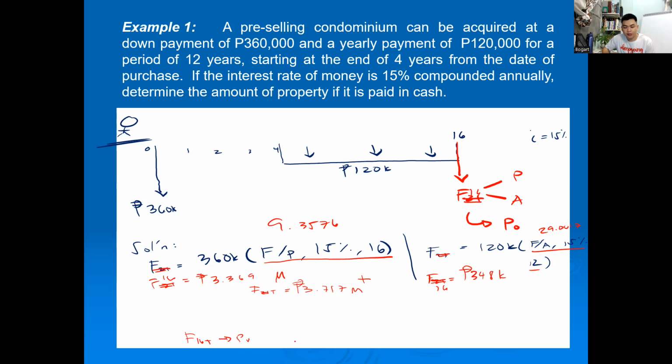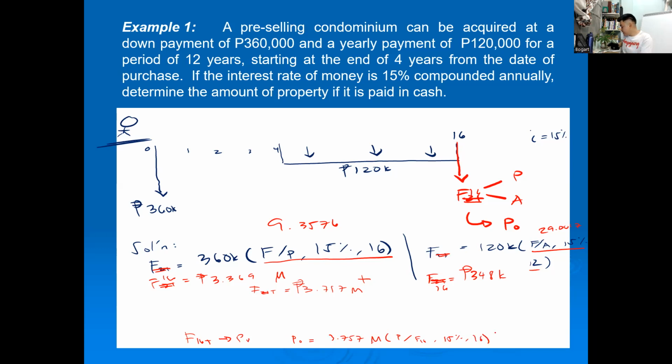Okay, so that will be finding the down payment given 3.757 million multiplied by finding P given F16. So that will be 15% for 16 years.